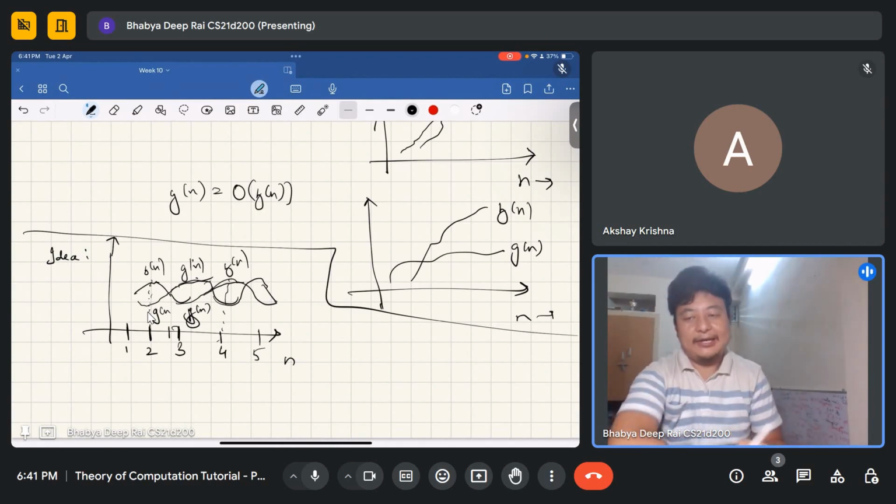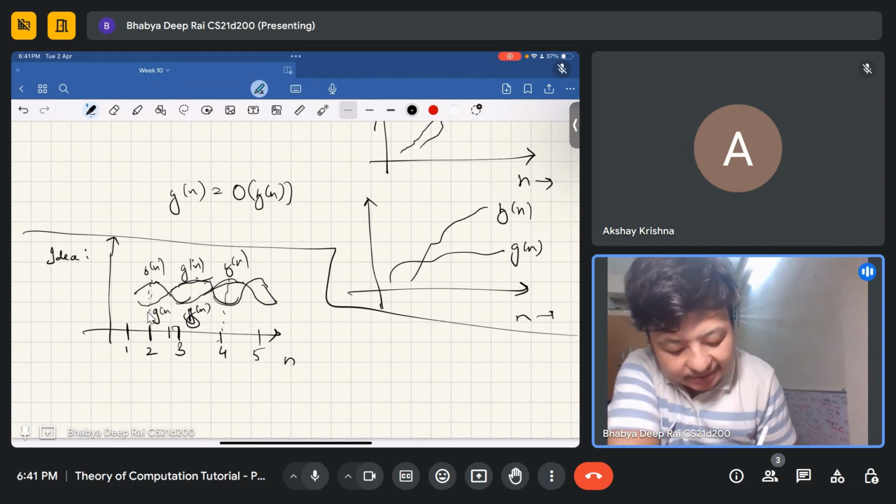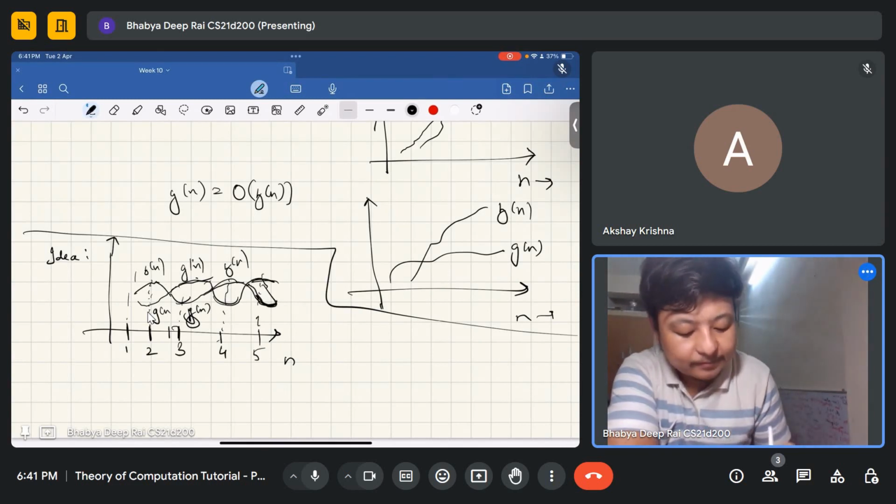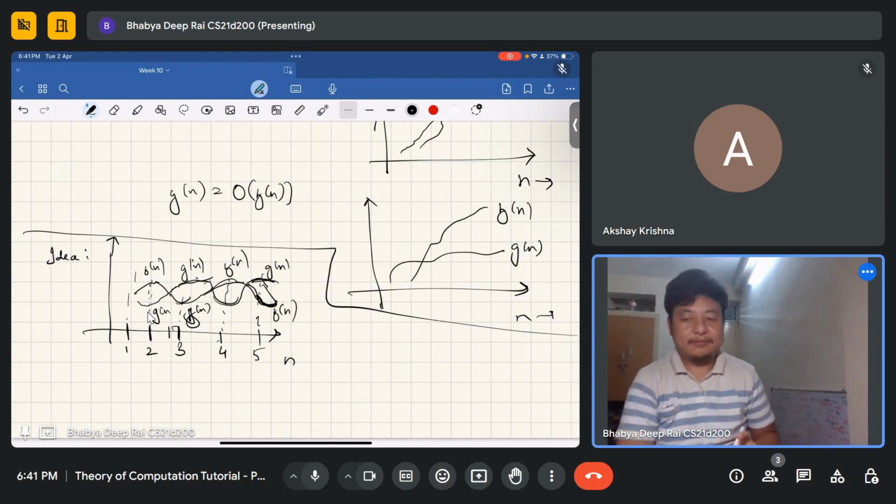And if n is odd, for example 1, 3, 5, and so on, Fn is always lower than Gn. So this is the idea.